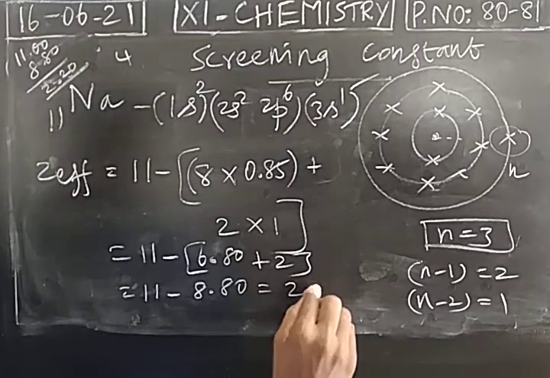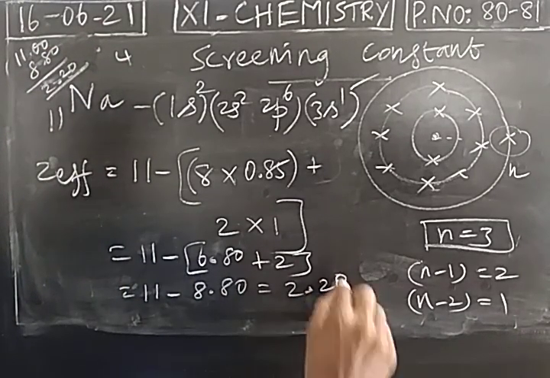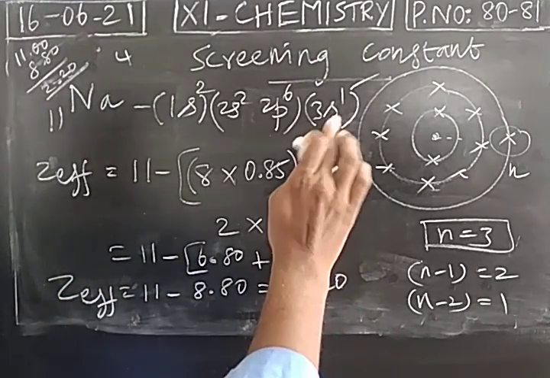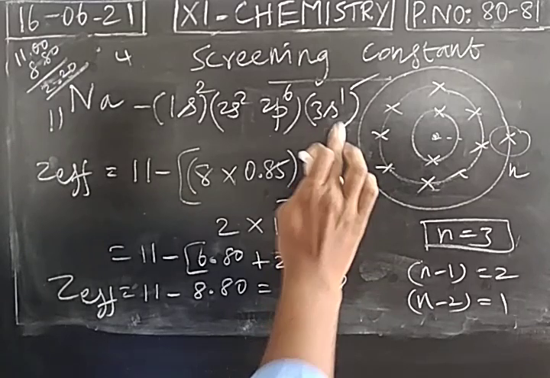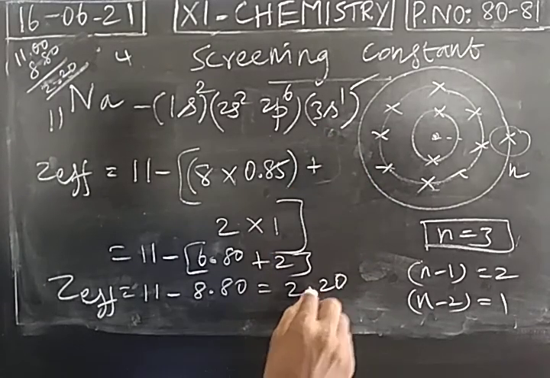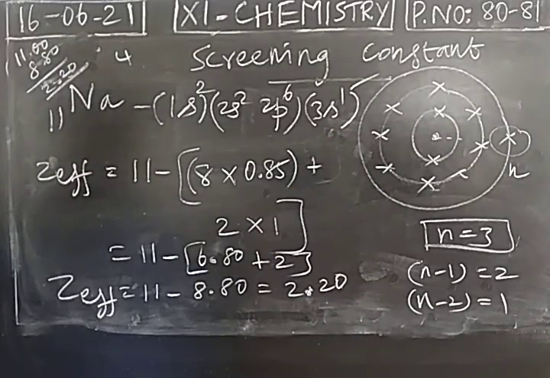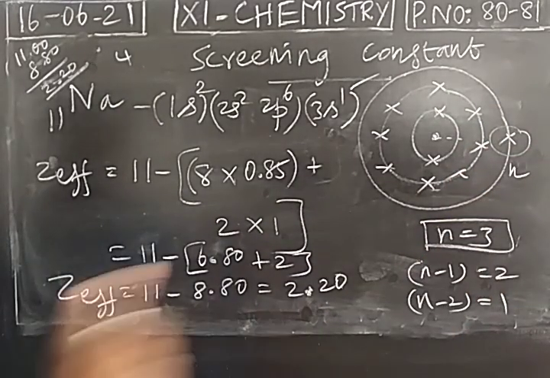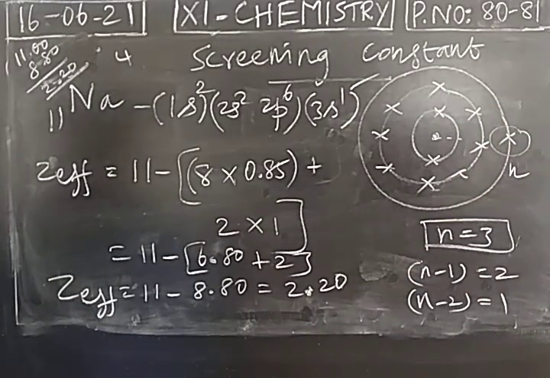So answer is 2.20. Effective nuclear charge for 3s electron is 2.20. So this is the way of finding screening constant. We select 3s electron, for that effective nuclear charge is 2.20.